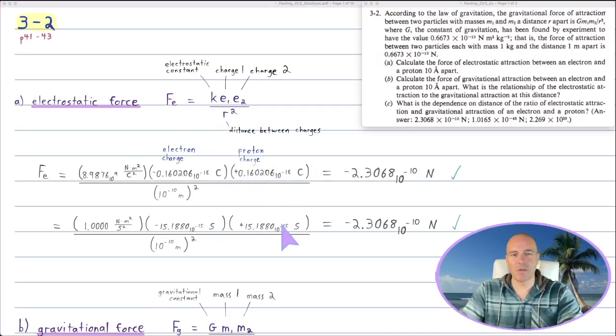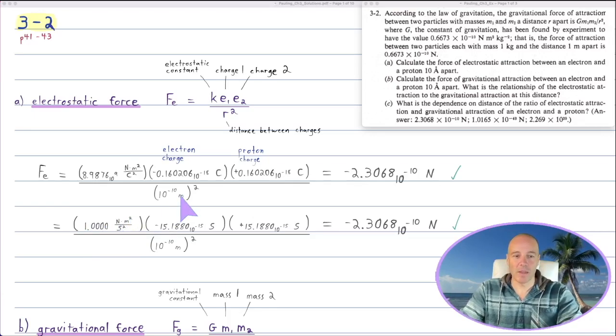For your interest, I've also done the calculation with the two charges not in coulombs, but in units of stonies. And that's because the text in chapter 3 says that these calculations become simple when you use units of stonies. And the reason is because the constant in units of stonies is simply 1 newton meter squared per stony squared.